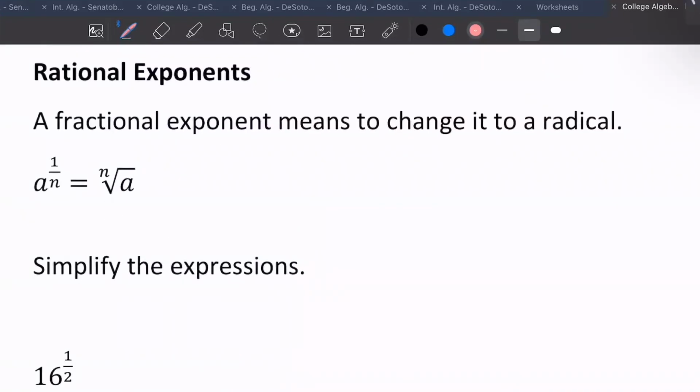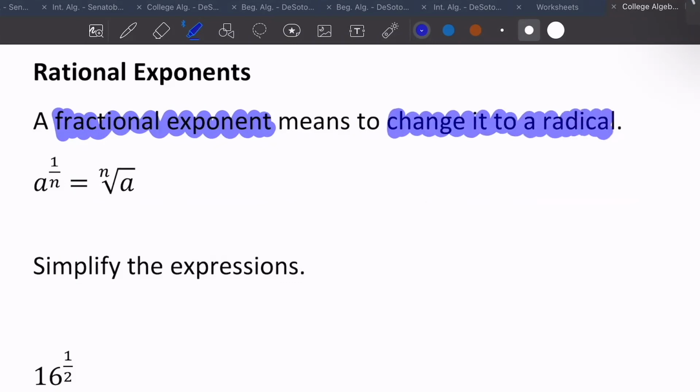Rational exponents have something to do with square roots and roots of that sort. A fractional exponent means to change to a radical. So here's a rule: a to the 1 over n equals the nth root of a.